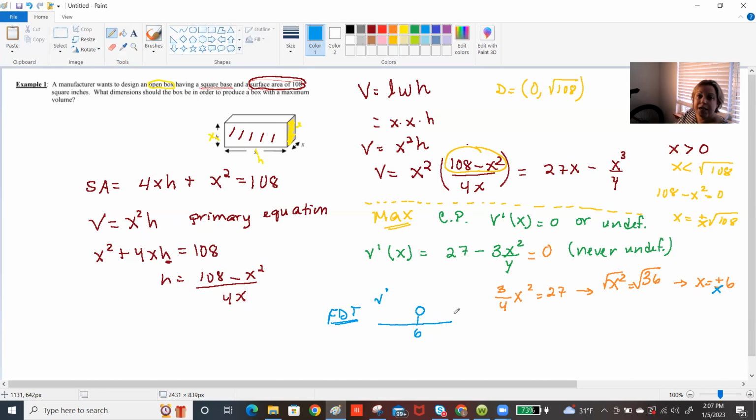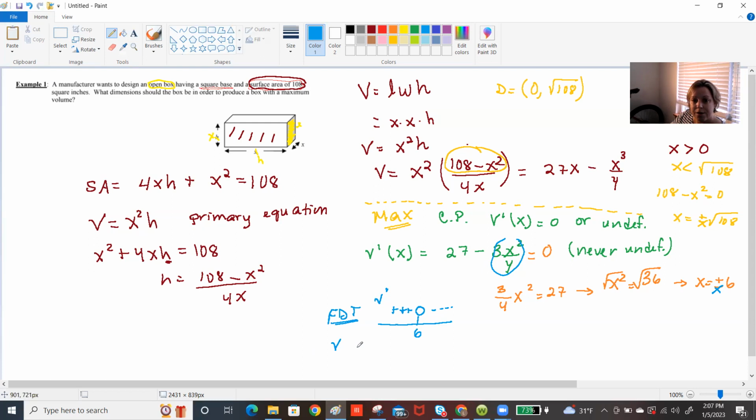When it is, say, 10, this is going to be a large number, and this is negative. When it is, say, 1, this is going to be a smaller number, and this is positive. So the derivative goes from positive to negative, meaning it goes from increasing to decreasing, so we know that there's a maximum.